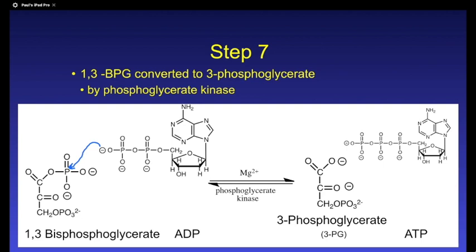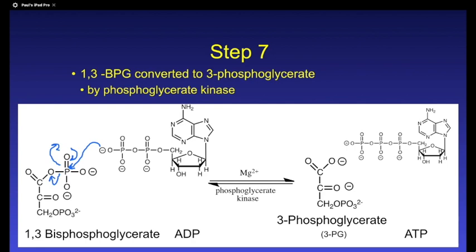When I attack a phosphonyl, what do I always have to do? Kick up, kick down. And to break the bond between this phosphate and that oxygen, I take this pair of electrons and I put it right onto that oxygen, and that breaks the bond.